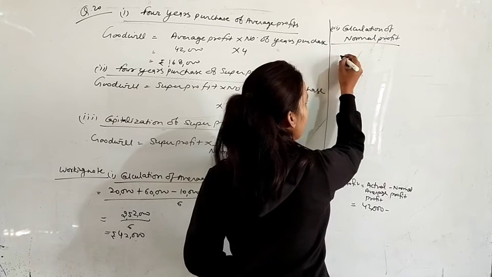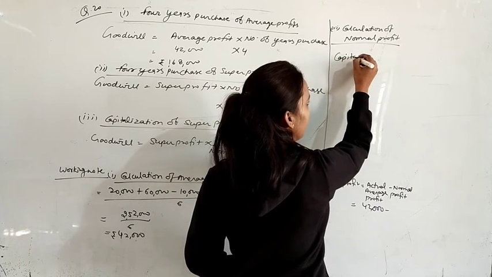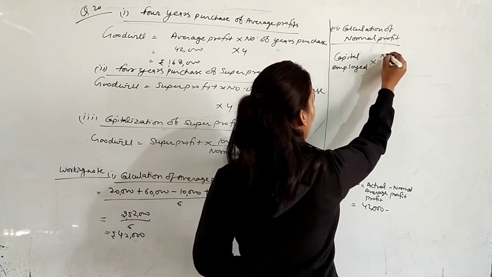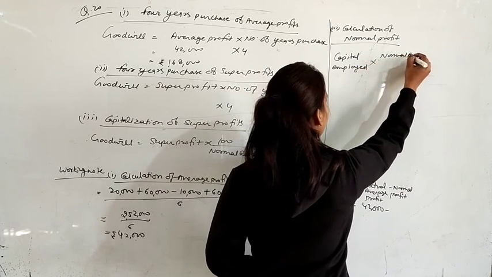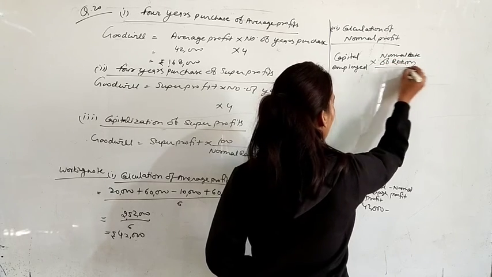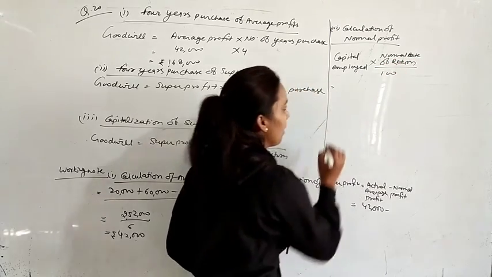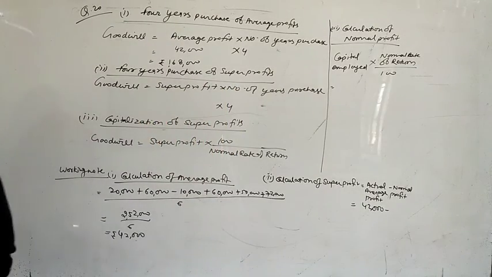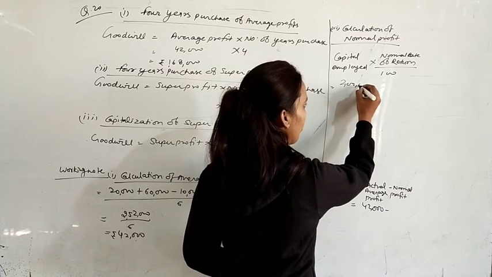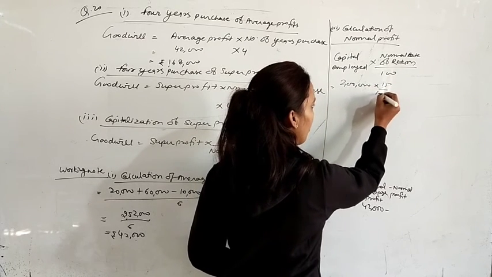Normal profit, that is capital employed multiply by normal rate of return upon 100. Capital employed, that is already given in the question, 2 lakh rupees, and 15% is the rate. 2 lakh rupees multiply by 15 upon 100.